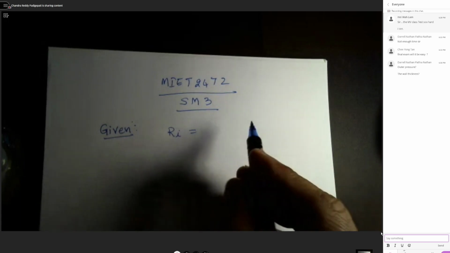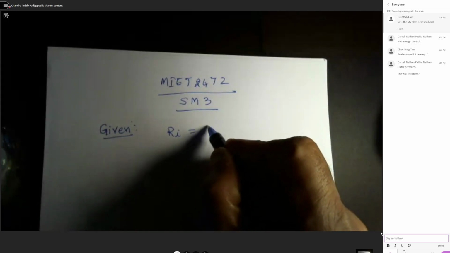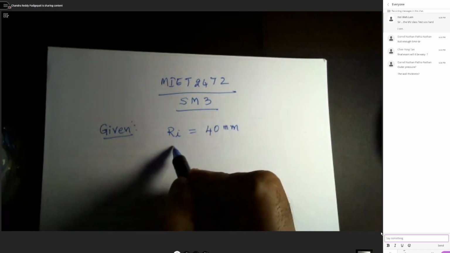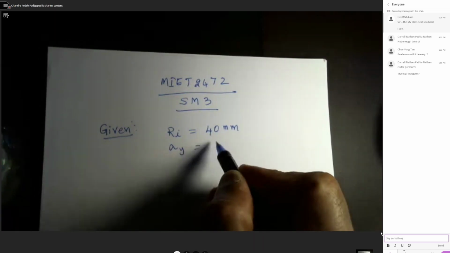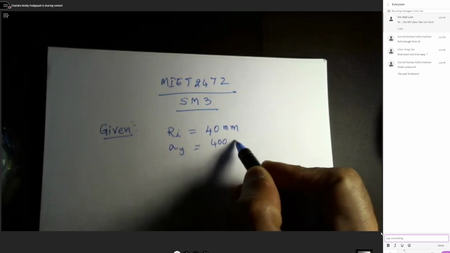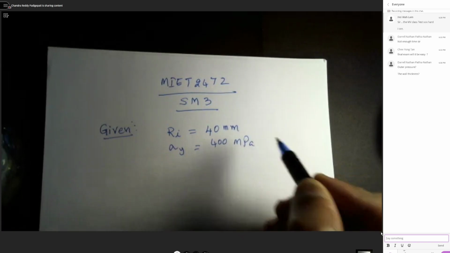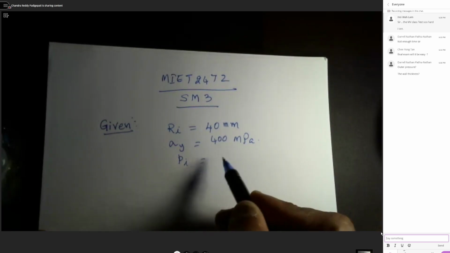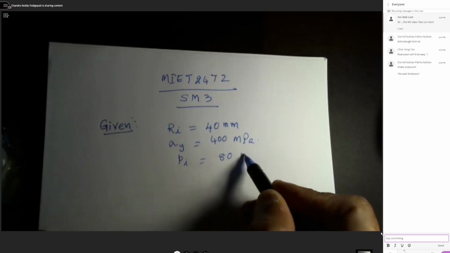Ri, you can say 40 mm. Sigma y is given as 400 megapascals. And the internal pressure is given as 80 megapascals.